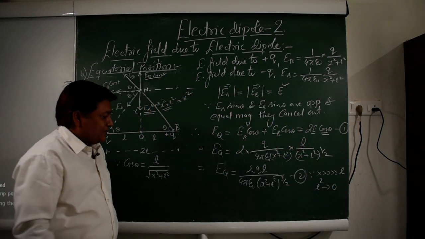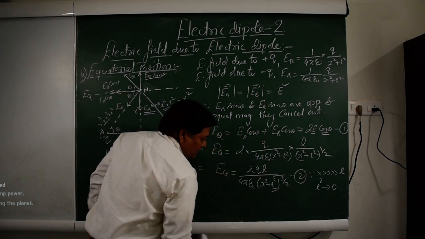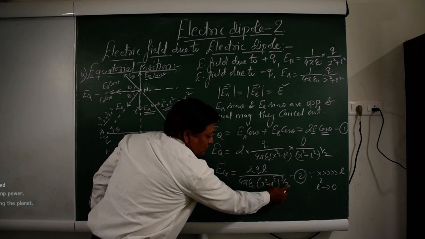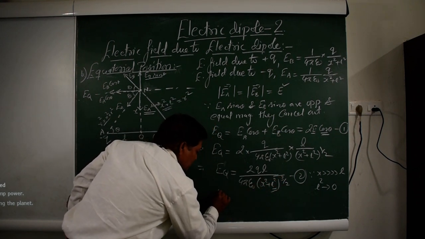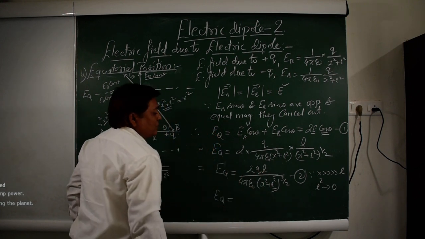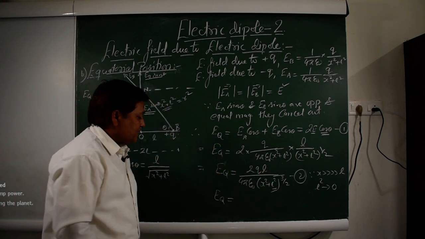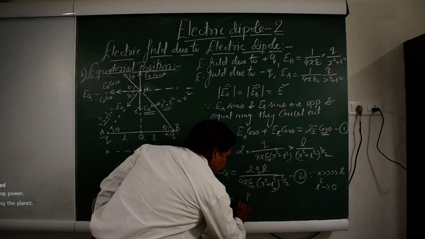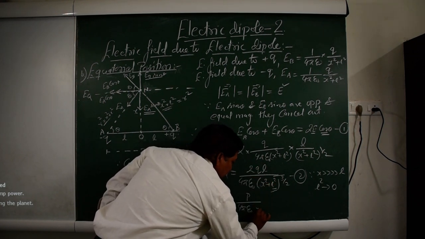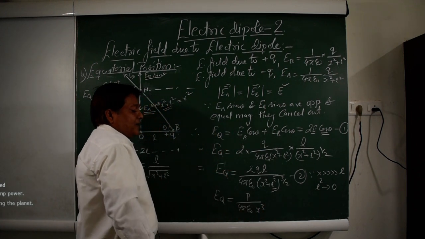If L square tends to 0, this part will become 0, and x to the power 2 into 3 by 2, the 2 will cancel. So electric field EQ will become 2 into QL, which is actually the dipole moment. So we write dipole moment P upon 4 pi epsilon naught x to the power 3.